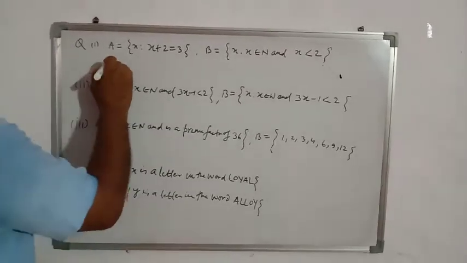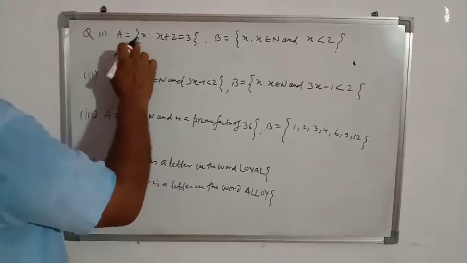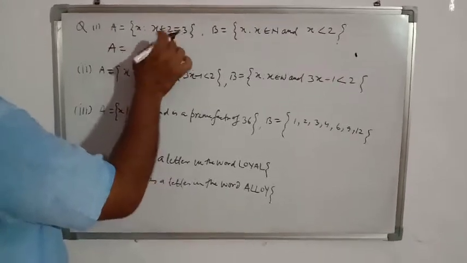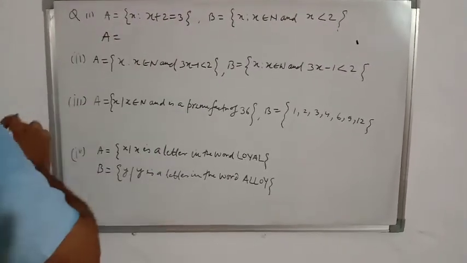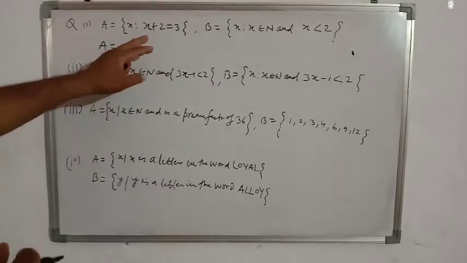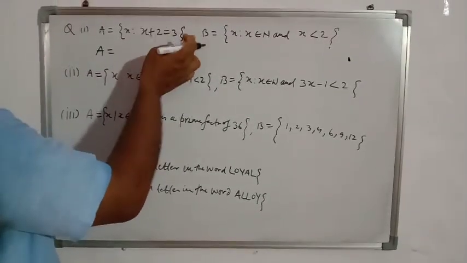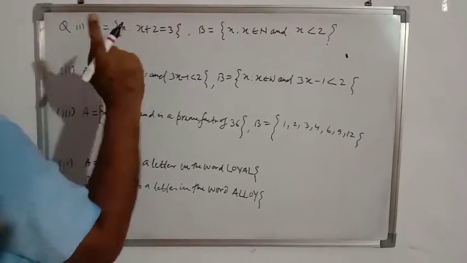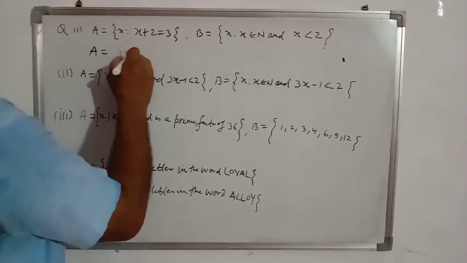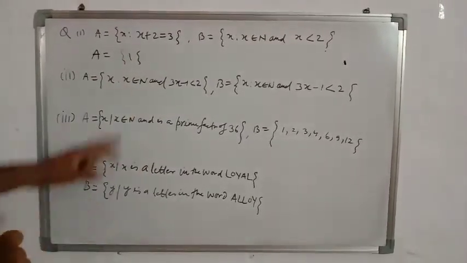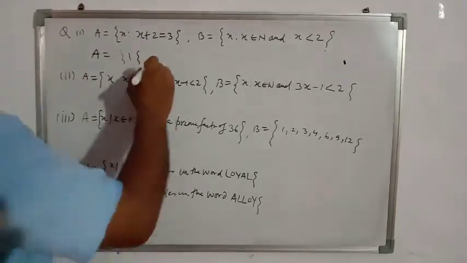A is equal to x such that x plus 2 is equal to 3. So what will be the value of x? If we transpose to this side, 3 minus 2, we will get x is equal to 1. So we get only one element, that is 1.